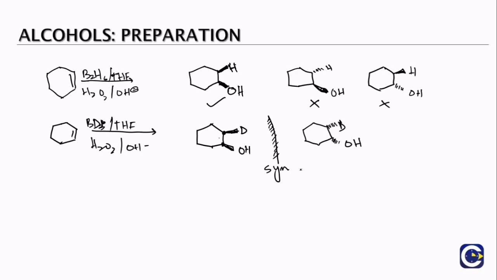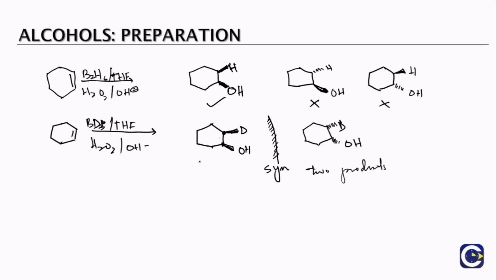In the other two products, in one case the hydrogen will be above the plane and the D will be below the plane, and in the fourth case the D will be above the plane and the hydroxyl will be below the plane. But those two products are not possible because this addition is syn. So only two products are possible here.